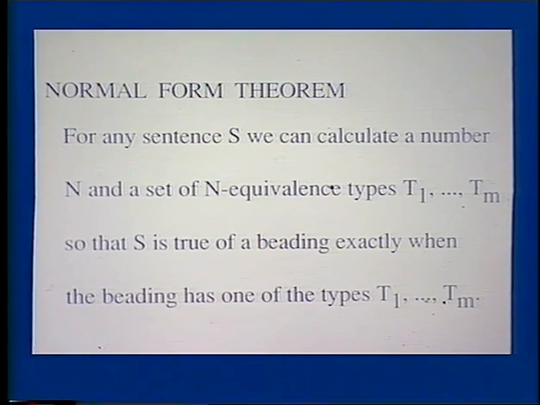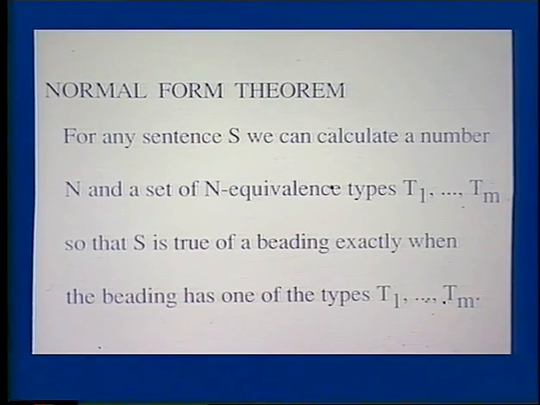Now, Fraïssé showed, suppose we take any sentence S of this language, then there is a number n with the following property, that we can tell whether S is true in a beading by telling what the n equivalence type of the beading is.